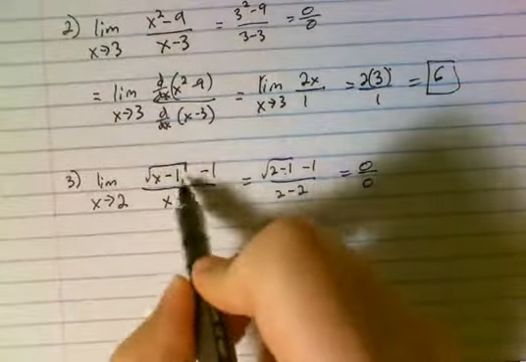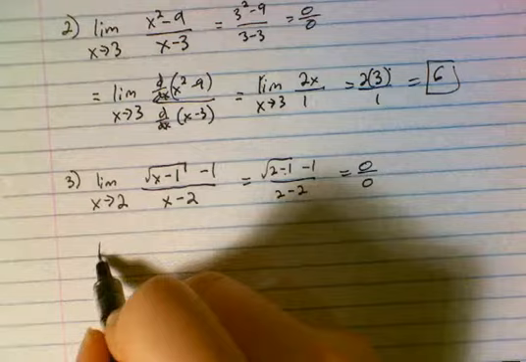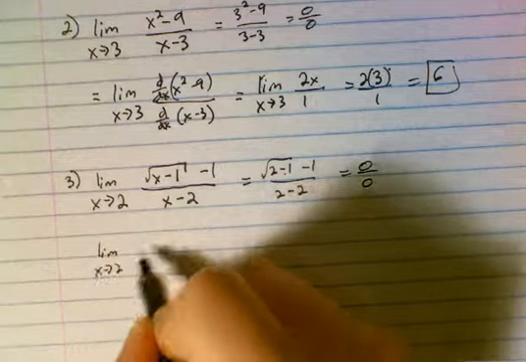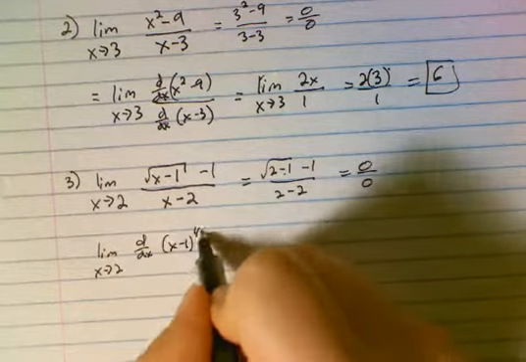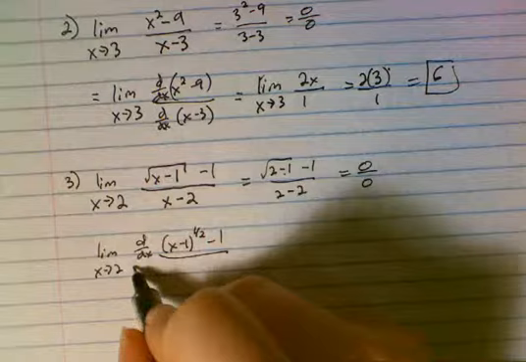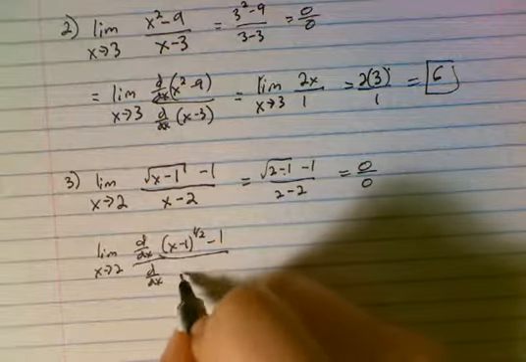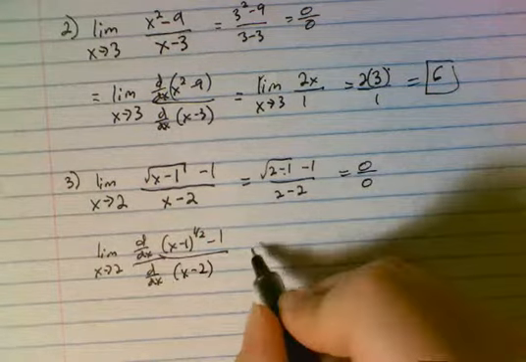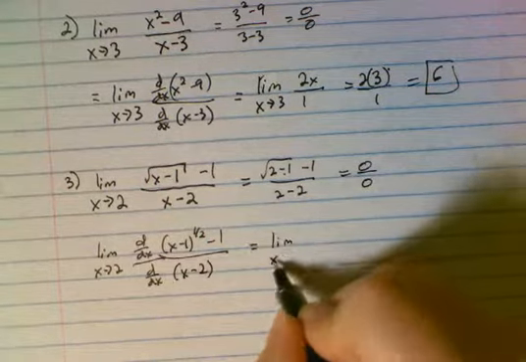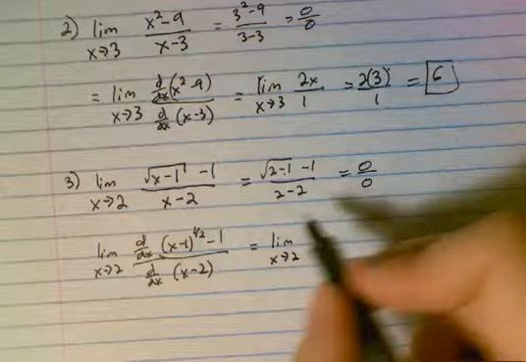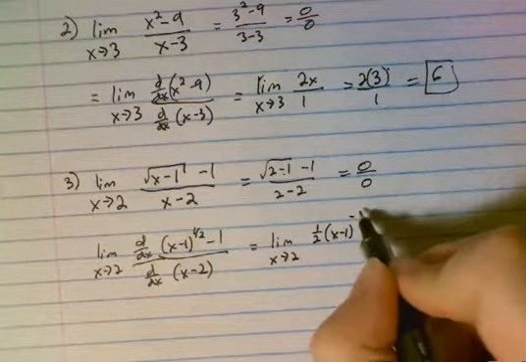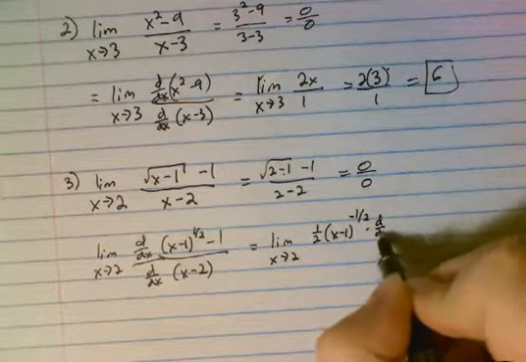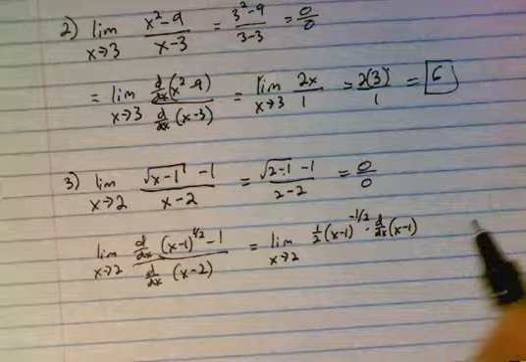So remember that this is to the 1/2 power. We're going to do the derivative of x minus 1 to the 1/2, minus 1, over the derivative of x minus 2. So we'll bring that down: 1/2 x minus 1 to the negative 1/2 times the derivative of x minus 1.